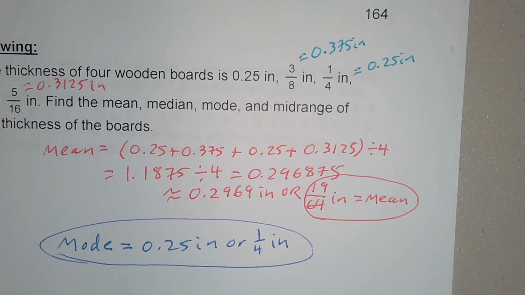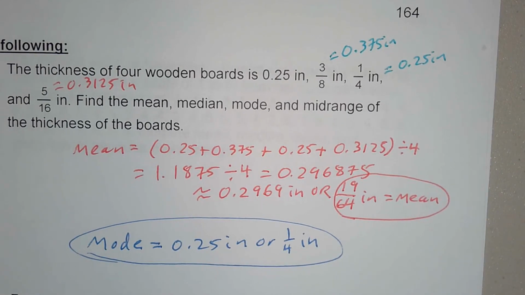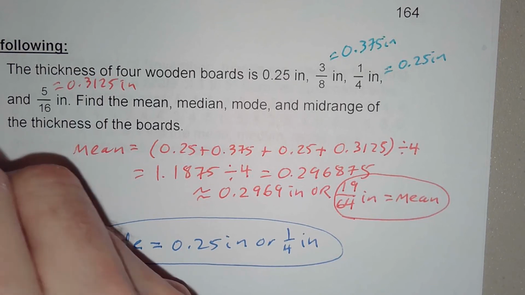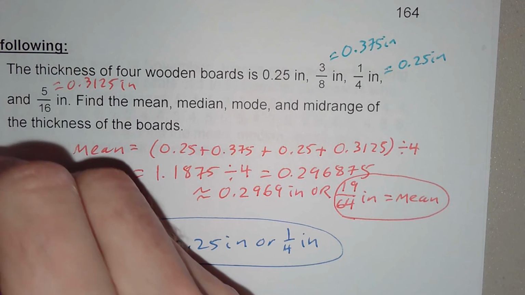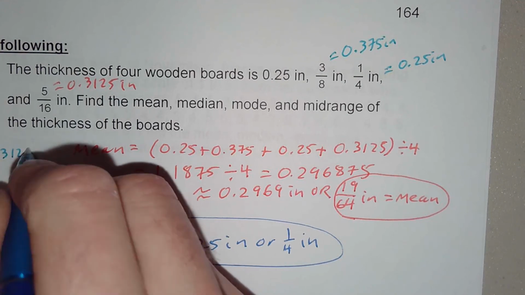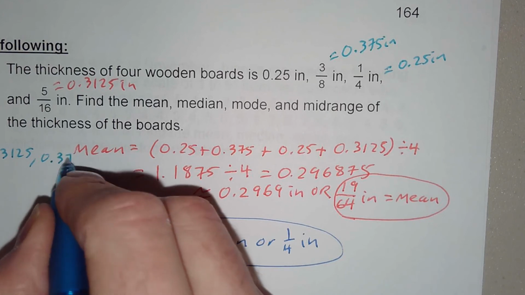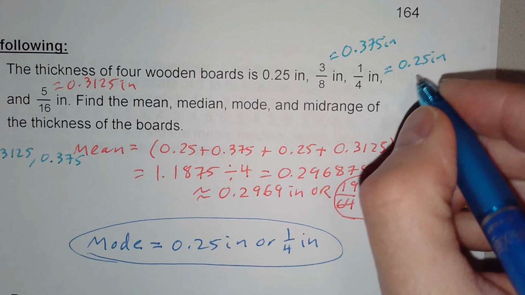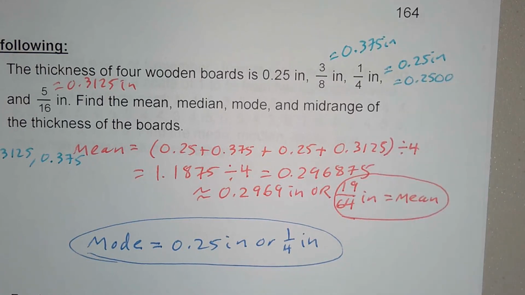For the median, we got to list these in order from smallest to largest. So we have the 0.25, 0.25, then the 0.3125, and the 0.375. If you need help with that, I think what's easiest is to write them out to the same number of decimal places.